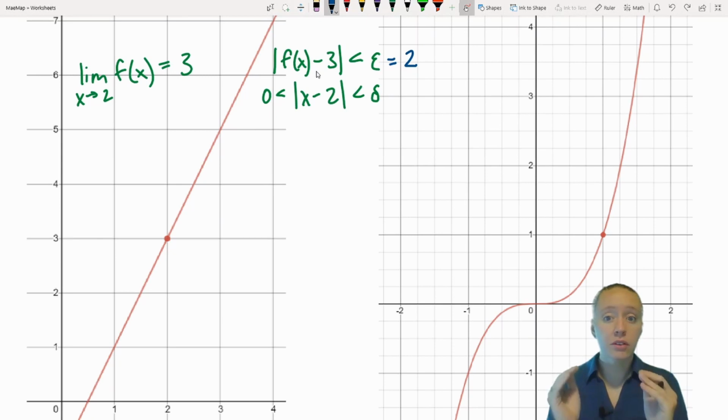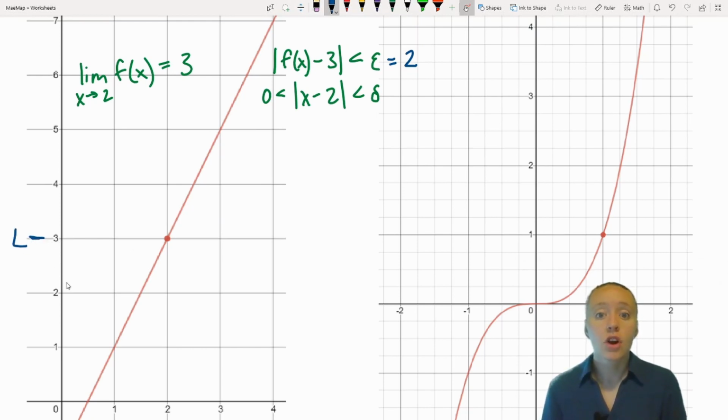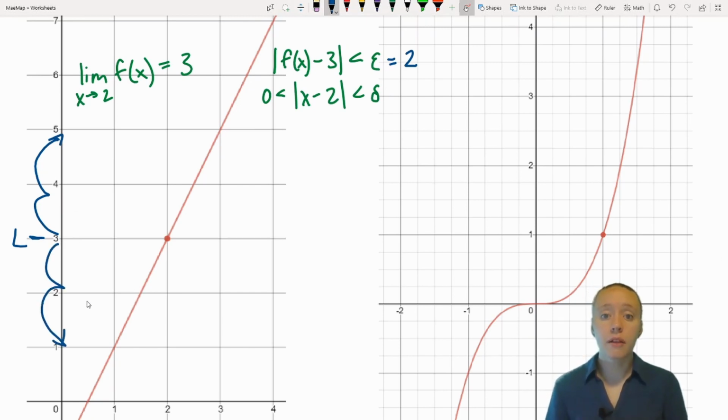So if we're looking at the point as x approaches 2, we're looking at that L value of 3. So if here is where my L is, a change in 2, I could either go 2 up to get to 5, or I could go 2 down to get to a value of 1.